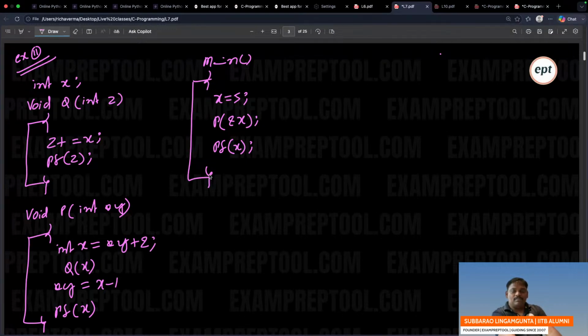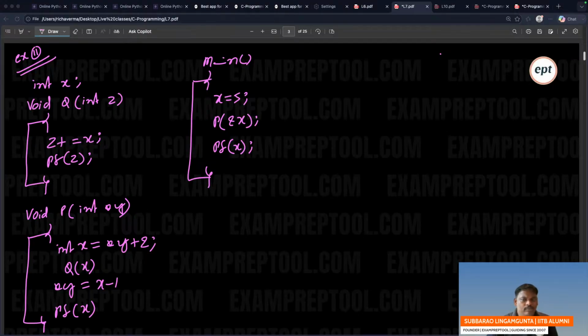Can you complete this? It's a very, very dangerous problem. Can you try this? Make it fast. If you can give the answer for this problem, you are okay.